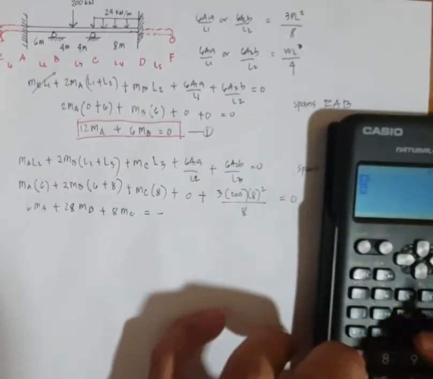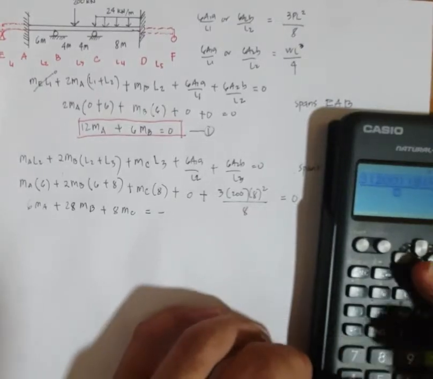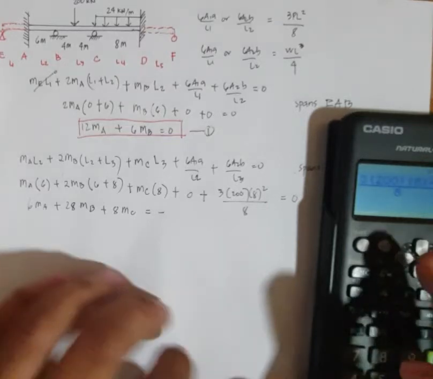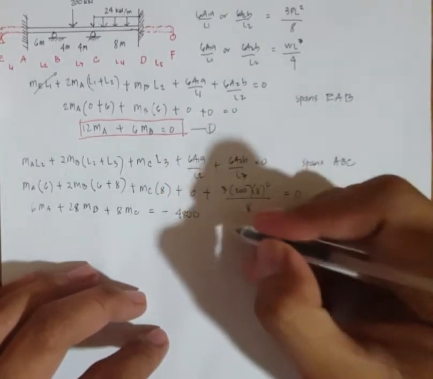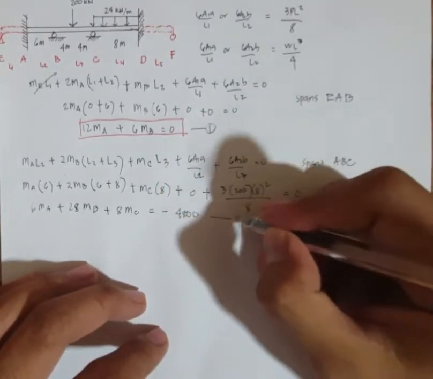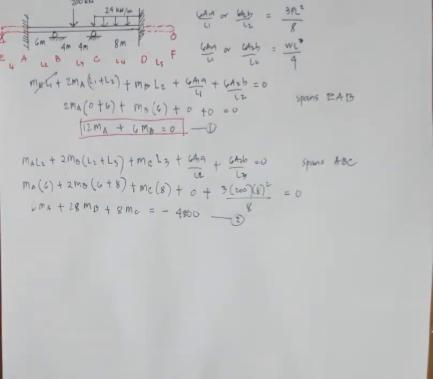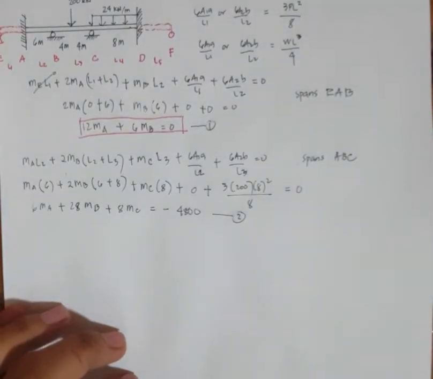So 3 times 200 times 8 squared over 8, 200 times 8 squared, 4,800. This is equation 2.